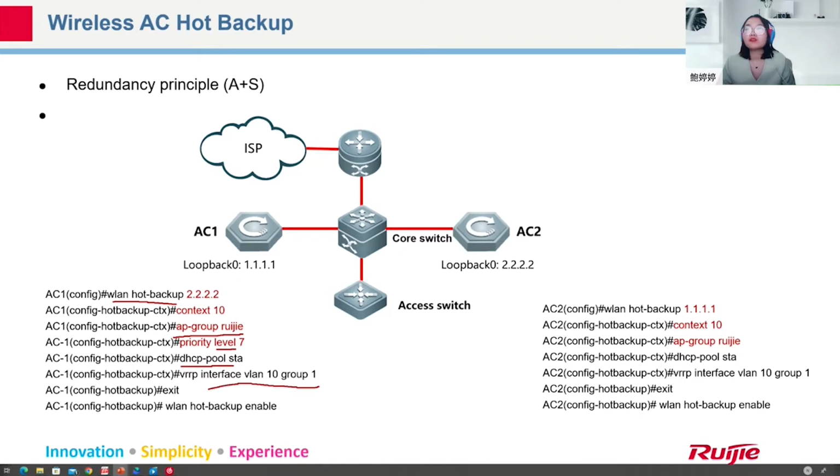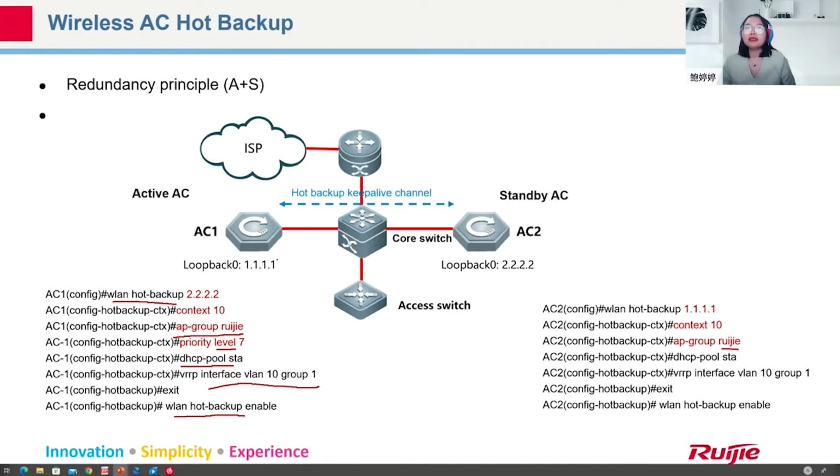This is the VRRP configuration, and we have to enable the hot backup function. On AC2, we also add the hot backup for AC1, 1.1.1.1, but the difference is that we don't give the priority. The default priority is 4. So AC1 has a higher priority than AC2 for the AP group Ruijie.